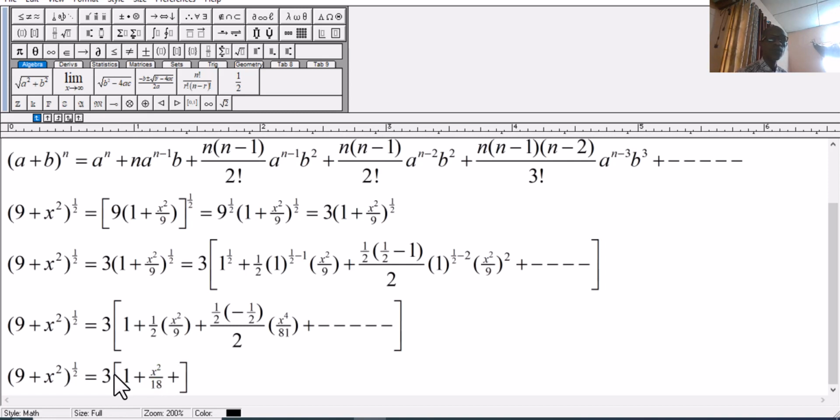Then this other one will give us minus 1 over 8 into x raised to the power of 4 all over 81.